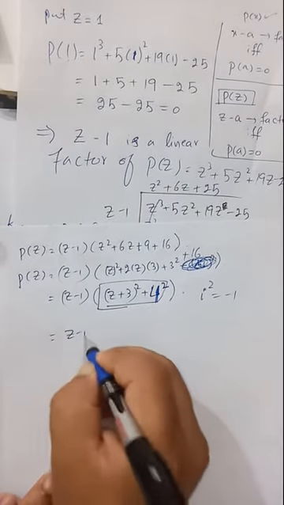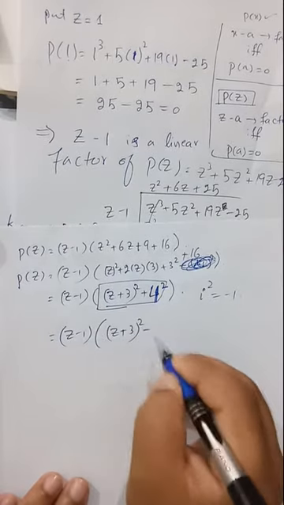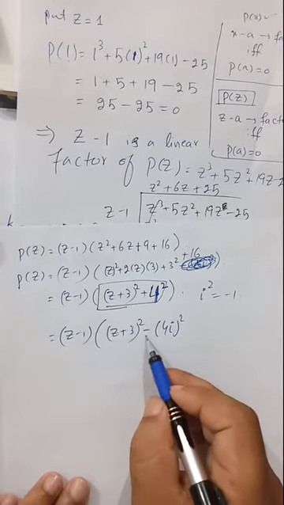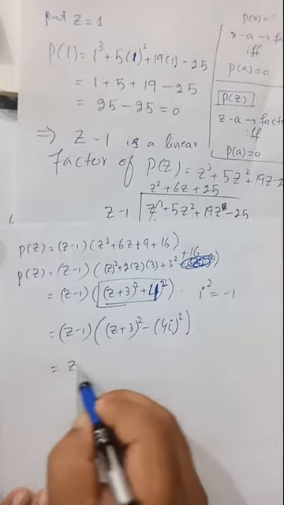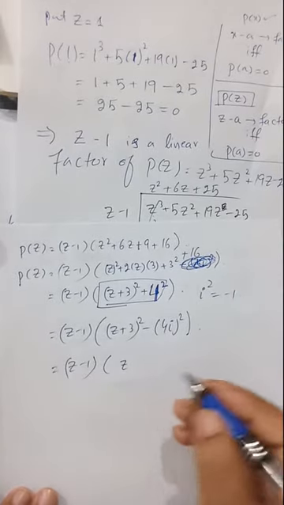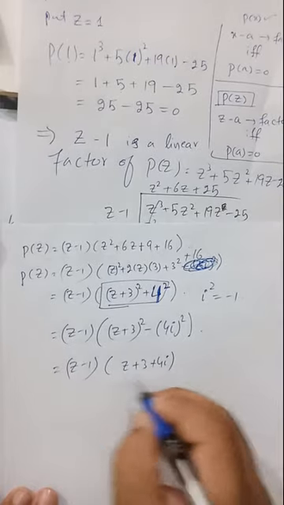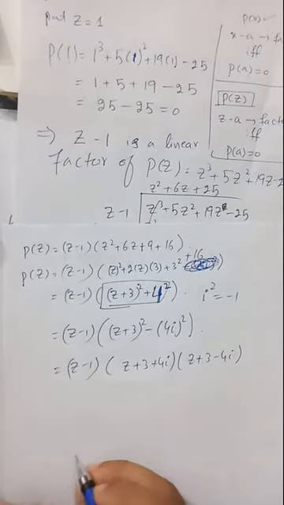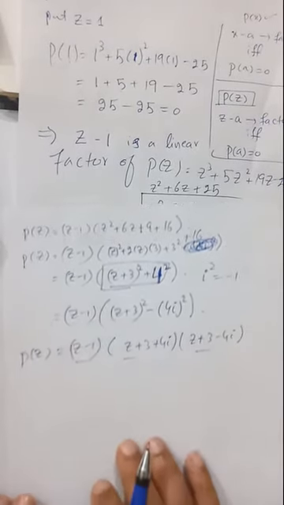So this will be z minus 1, this is z plus 3 whole square, and this can be written as 4 iota whole square, because iota square is equal to minus 1, so minus multiplied by minus you will get plus. So this is z minus 1, and that is the a square minus b square formula. So this is a plus b, and this is a minus b. So you see that your given polynomial p of z is converted into 3 linear factors.